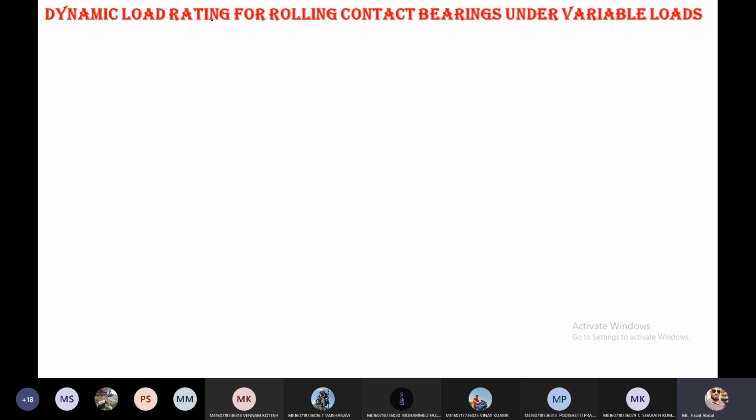So the life of a bearing is measured in terms of the number of times it operates: hours, and number of revolutions, how many times that bearing revolves. These describe the life of the bearing. Here, dynamic load rating for rolling contact bearing.